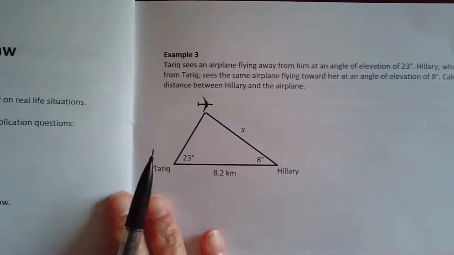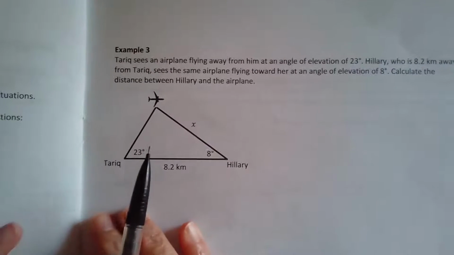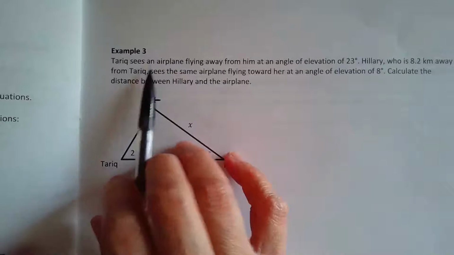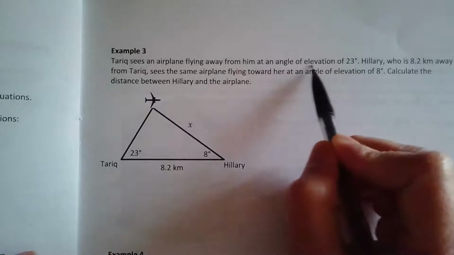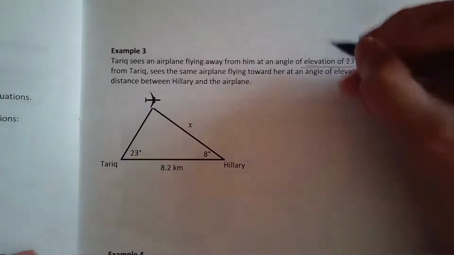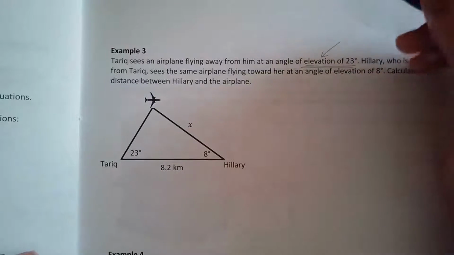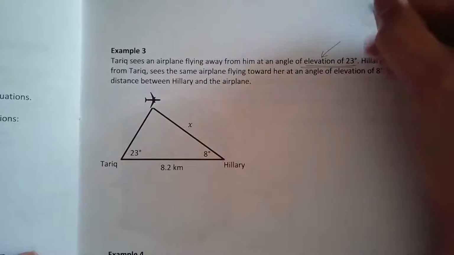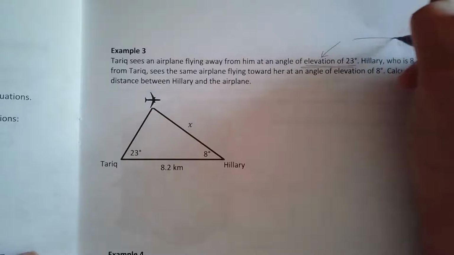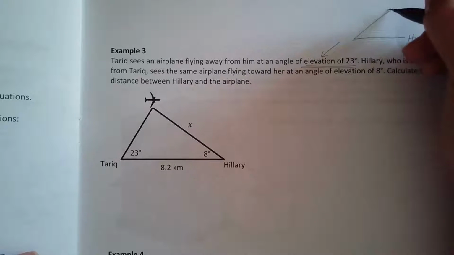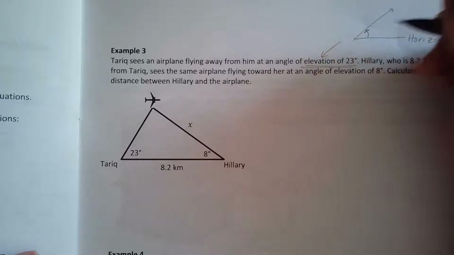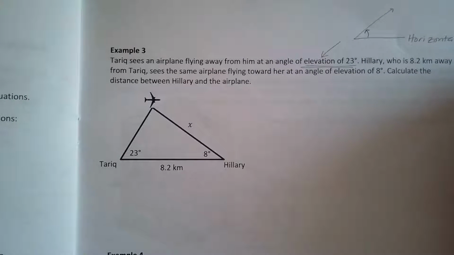Now taking a look at example number 3. Tariq sees an airplane flying away from him at an angle of elevation of 23 degrees. The word elevation is from horizontal looking up. Angle of elevation is when you're looking straight ahead and then looking up.